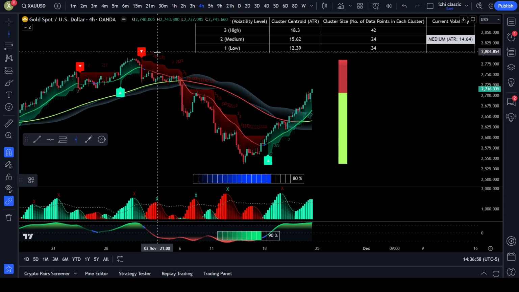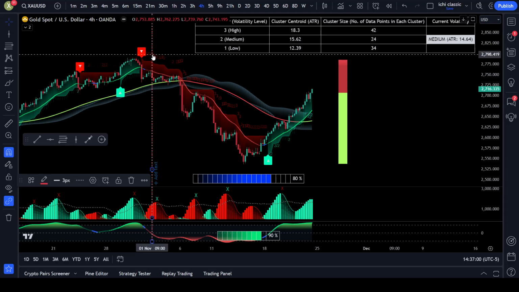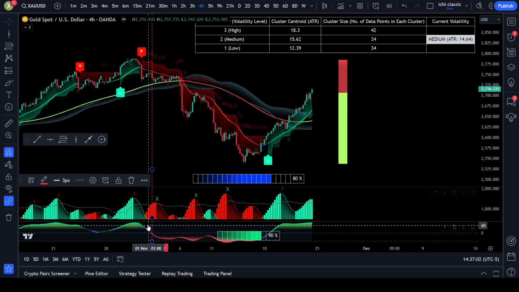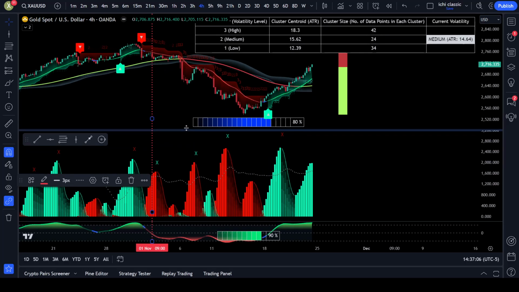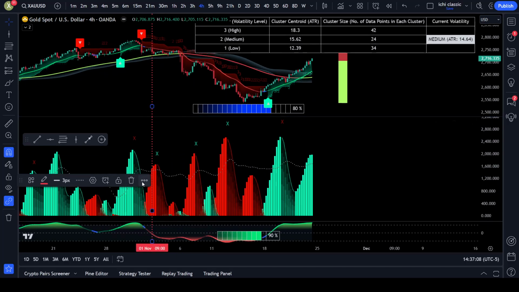You see this little 3 above this candle, and when I go to 3, I see that there is a light red above this dotted line, and the signal is below 0.